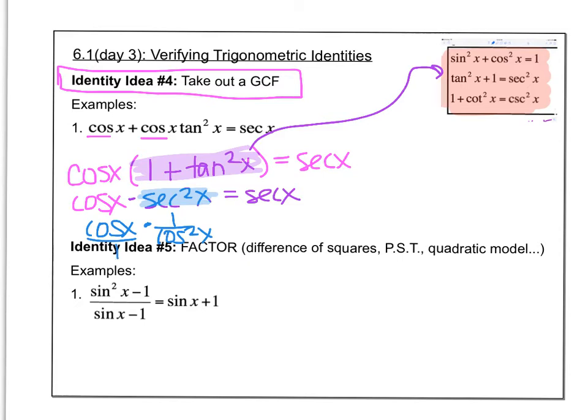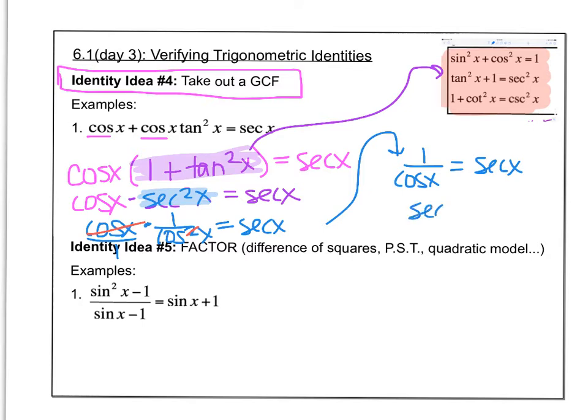When one of them is squared, when you go to cancel, one of these cancels with one of those, so it still leaves 1 on the bottom. So we're going to get 1 over cosine x, and I can flip it back over and make it secant x equal to secant x.